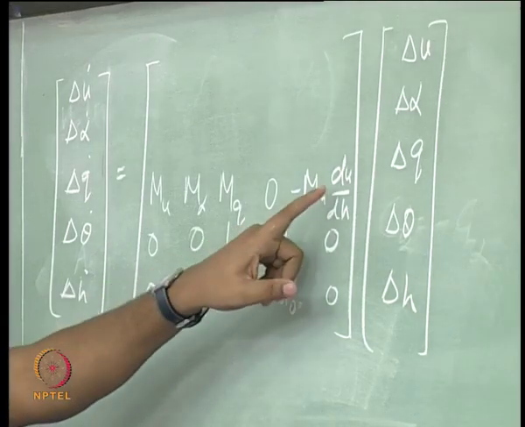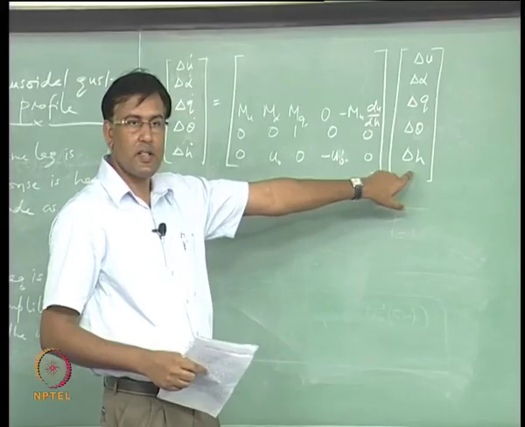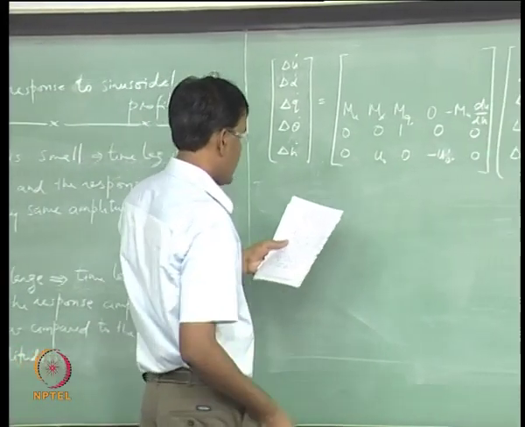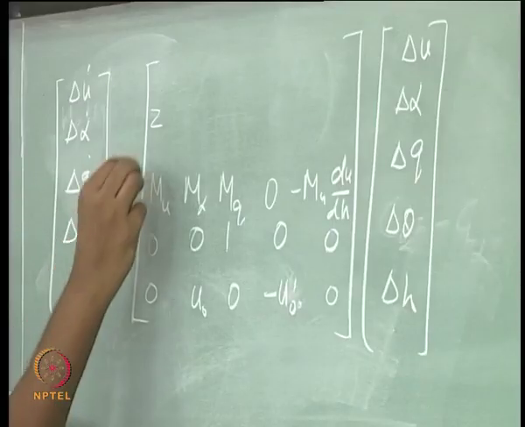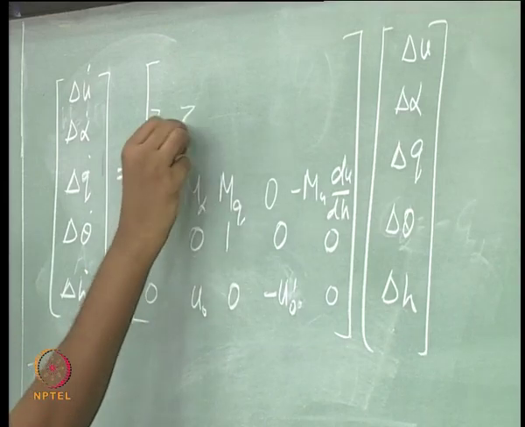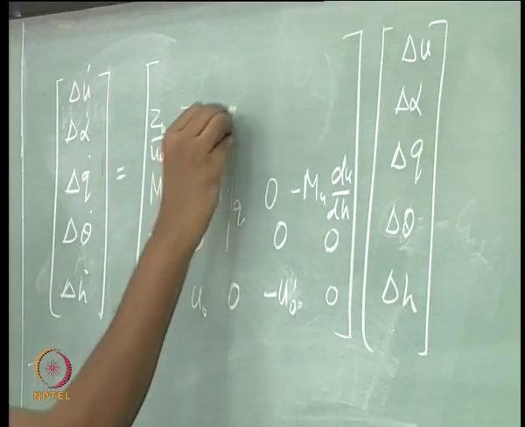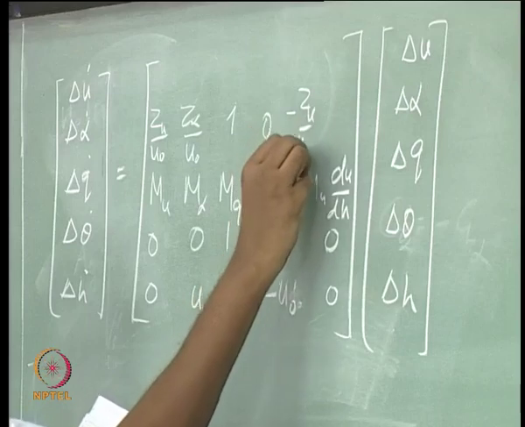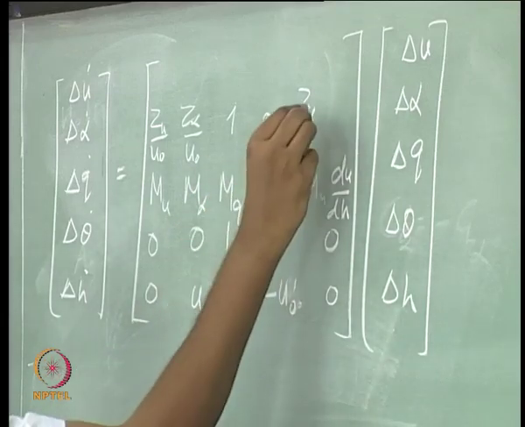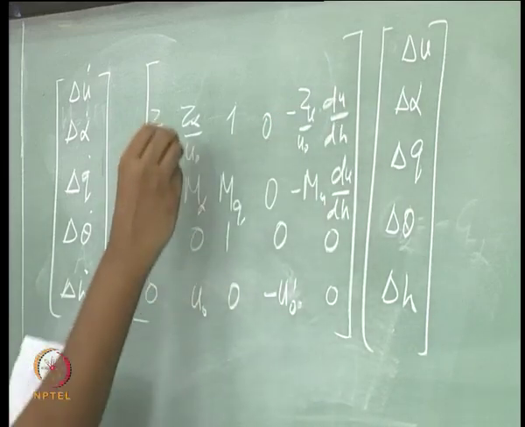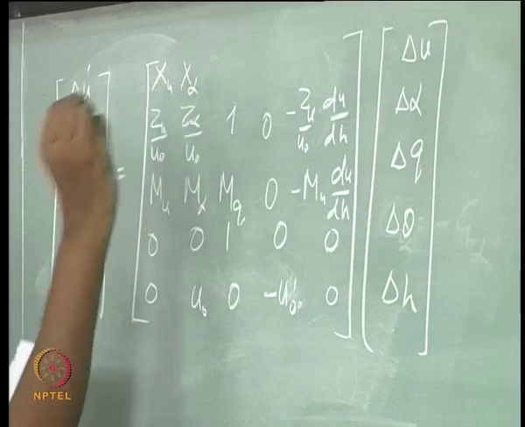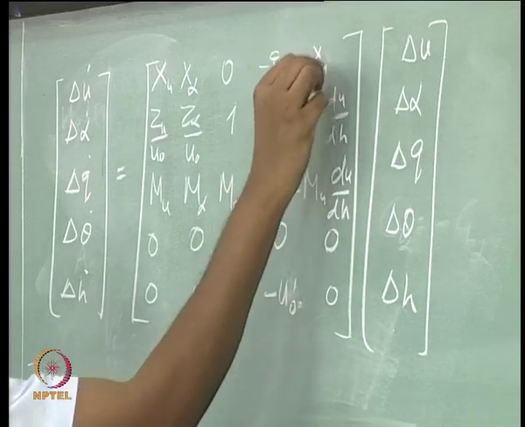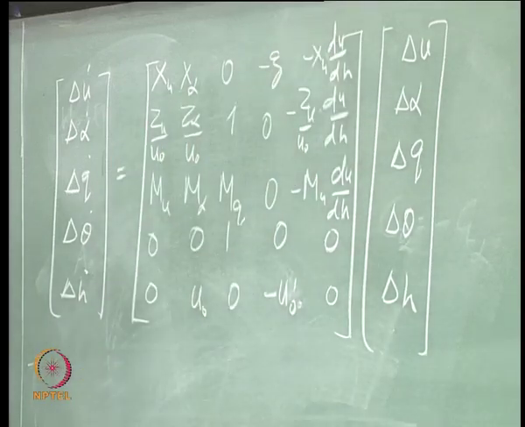Right. So, U g is du over dh into this delta h, right, that is how we have defined this wind shear. Right.